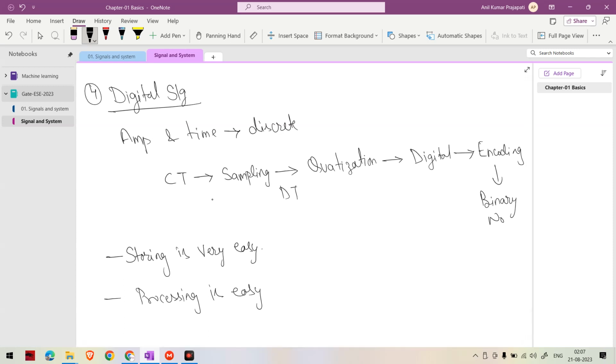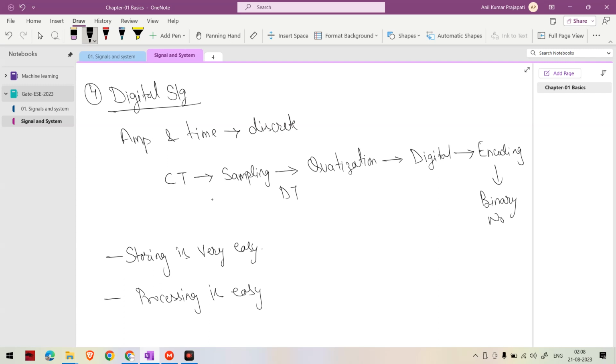Earlier, it was not the case, but with the latest chips by Qualcomm and other companies, nano chips and very fast 5G chips, it is very easy to process. So that was the introduction to signals and systems.